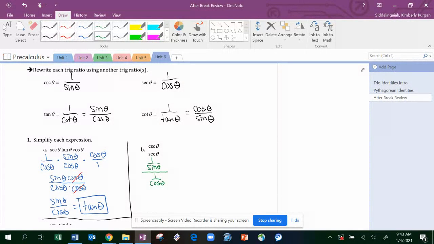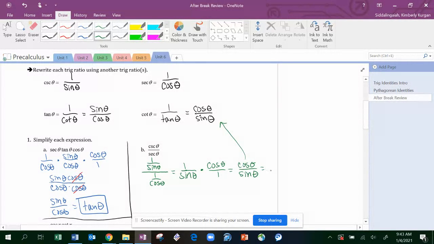All right, so now this goes back to some of my fraction knowledge. Dividing two fractions means I multiply by the reciprocal. So I'm going to do 1 over sine times the reciprocal of this denominator, so times cosine over 1. If I multiply across, I get cosine over sine. Well, cosine over sine, I take a look, it's actually right here.